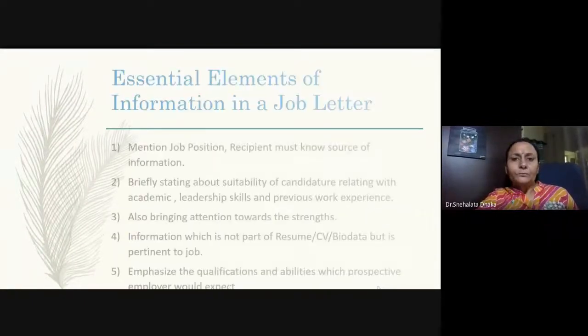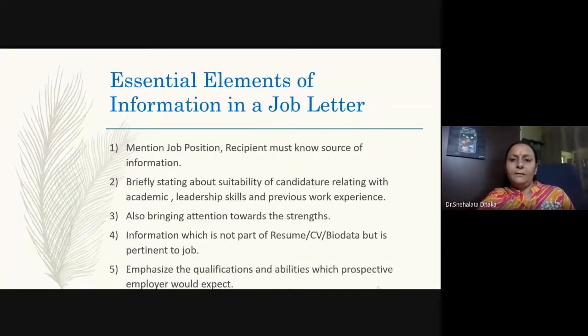Now let us discuss what are the essential elements of information in a job letter.